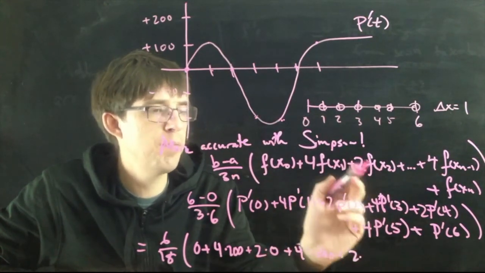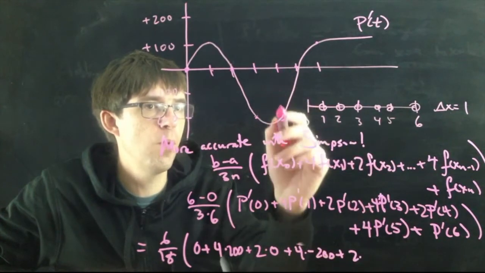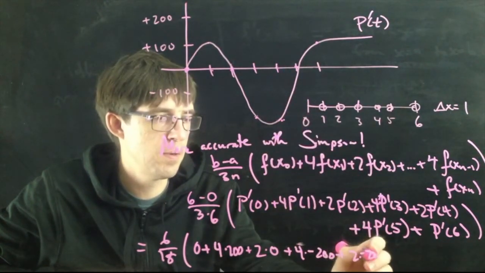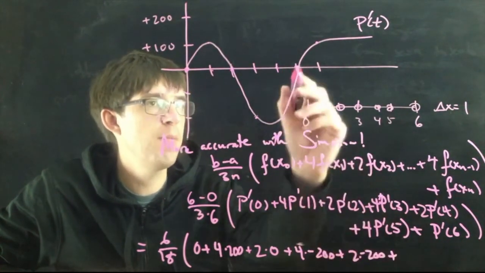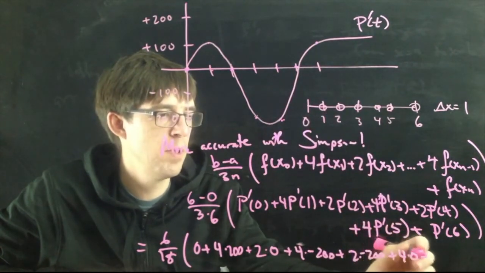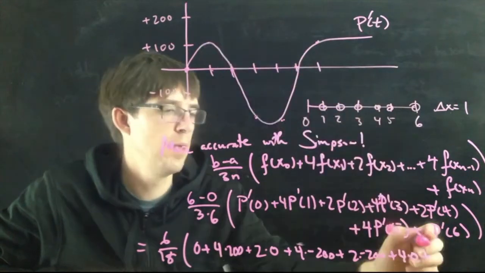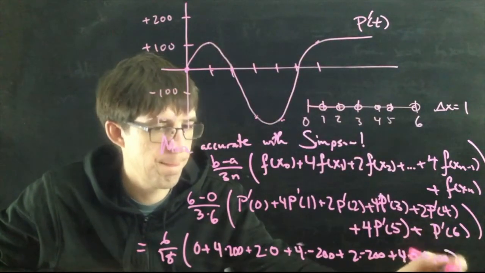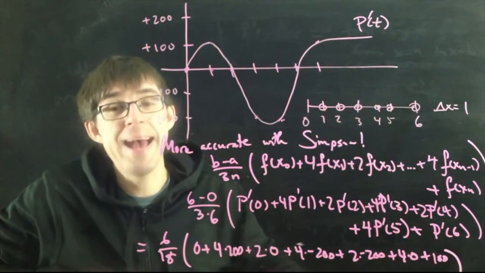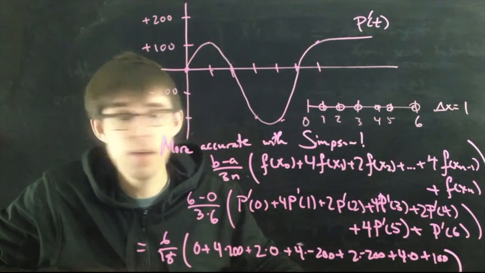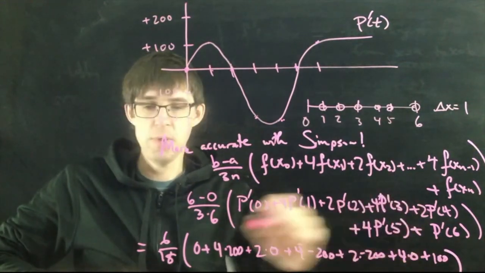Plus 2 p prime of 4, which is also negative 200. Plus 4 p prime of 5, that's 4 times 0. Plus p prime of 6 is here, 100. And this, you can just add that all up and put it in your calculator. I think I'm totally out of room.